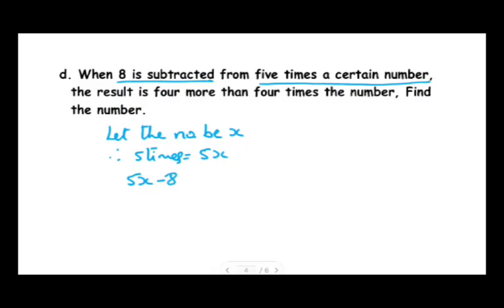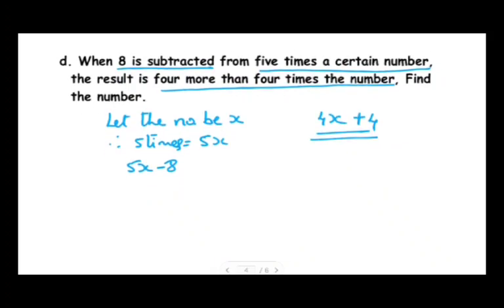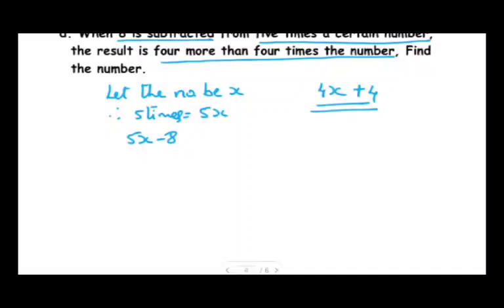Yes. Now the result. Okay, so when 8 is subtracted from 5 times a certain number, the result is 4 more. 4 more means plus 4, more than 4 times the same number. Alright, understanding, children? Therefore, now find the number.